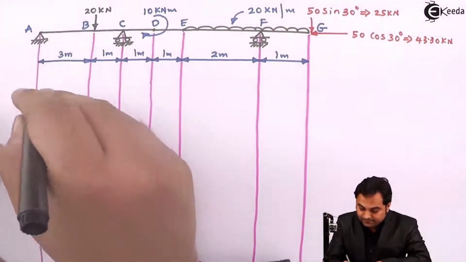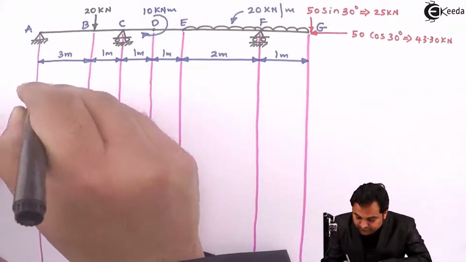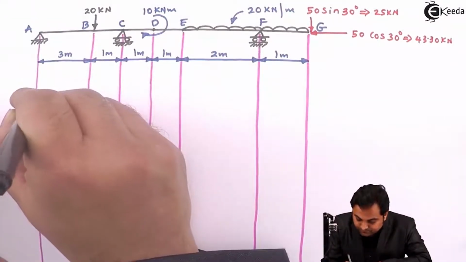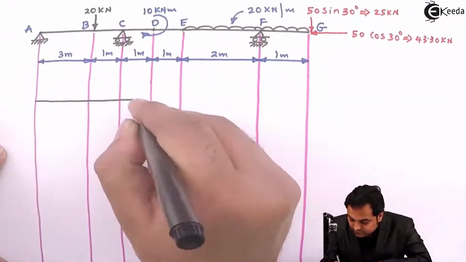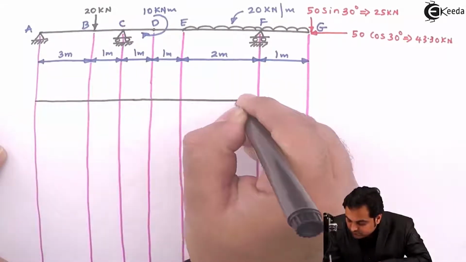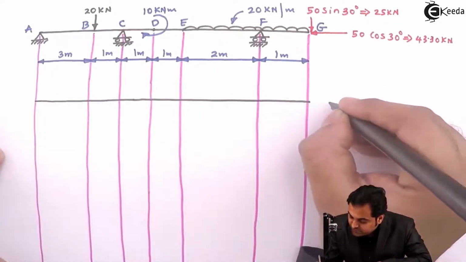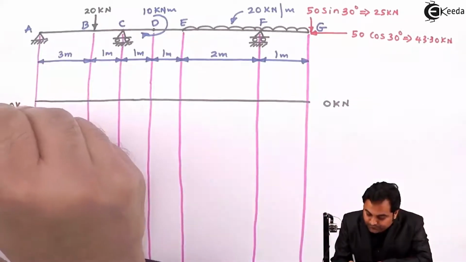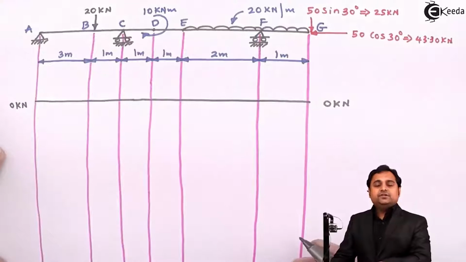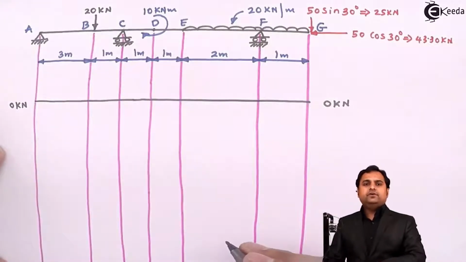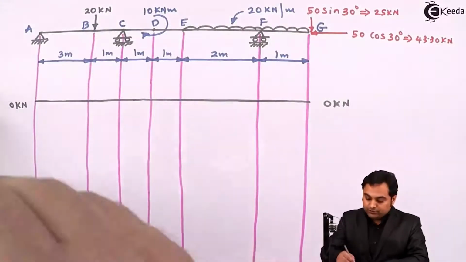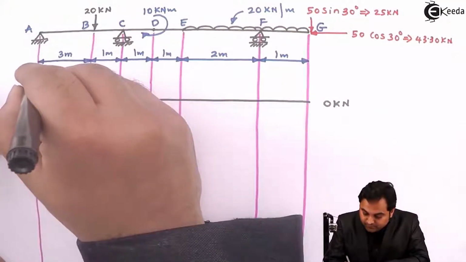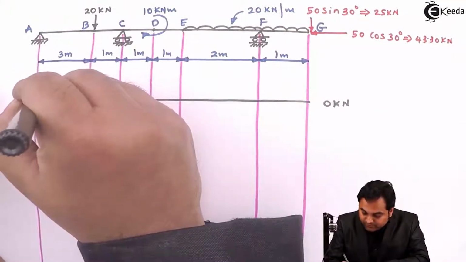So for that, first I'll draw a line which is showing 0 kilonewton force, and the value of reaction, which is horizontal, we get the value as plus 43.30. So it will be above this line because positive forces are shown above the line.